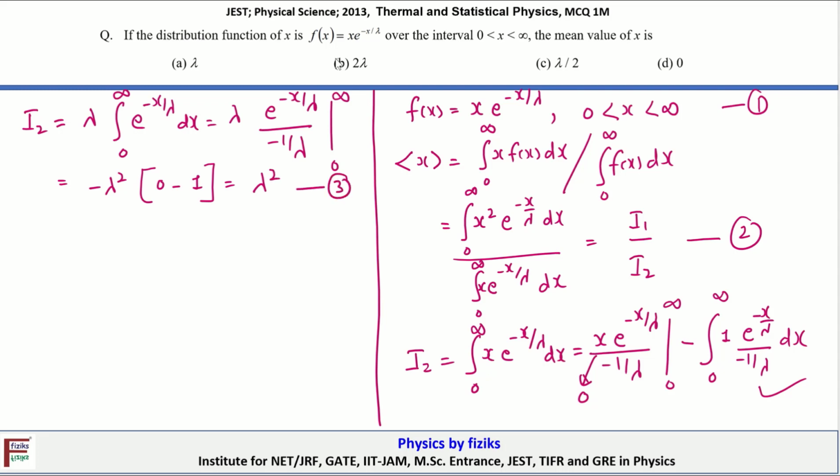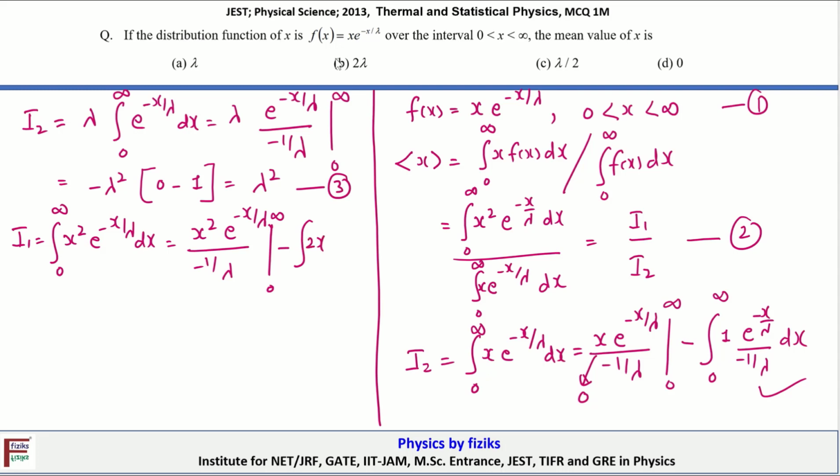Now we can evaluate I1, which is equal to the integral from 0 to infinity of x squared e^(-x/λ) dx. That is equal to first into the integral of second, e^(-x/λ) upon minus 1 by λ, from 0 to infinity, minus the integral of the derivative of first, that is 2x, and then the integral of second, e^(-x/λ) upon minus 1 by λ, dx.